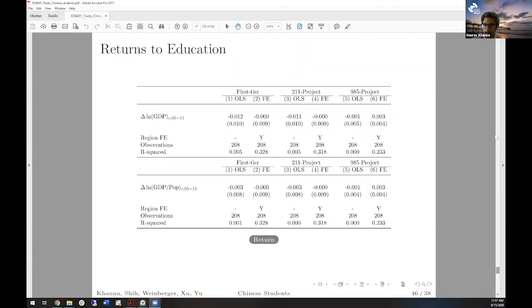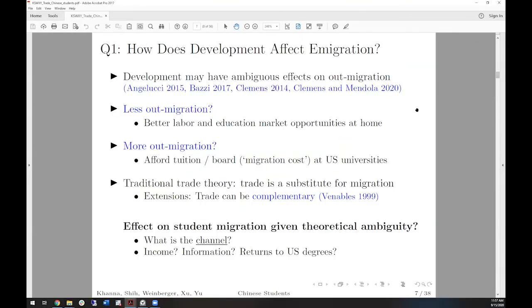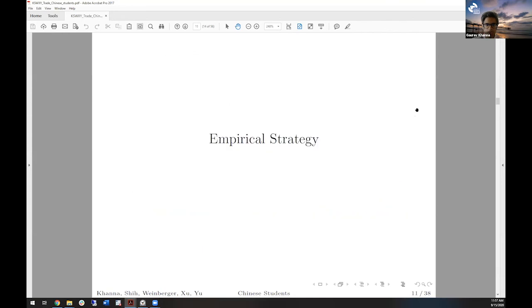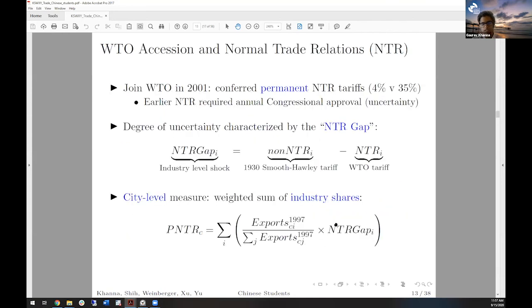No, I think it's actually a fascinating literature. So let me share my screen again. Let's go back to the instrument. The instrument is the interaction between two things. This is what we call the share in the shift-share, so this is the share, and then this is the shifter.